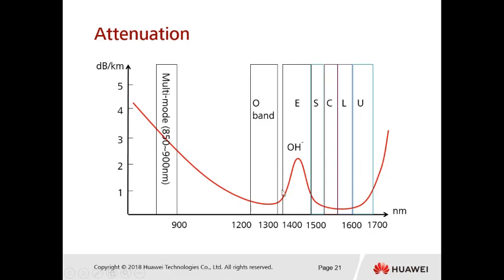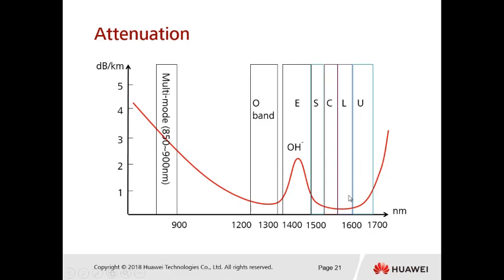At 1310 nanometers, the attenuation coefficient is almost 0.3 to 0.4 dB per kilometer, but at 1550, it is almost 0.17 to 0.25 dB per kilometer. That's the first reason, but it's not the real reason.